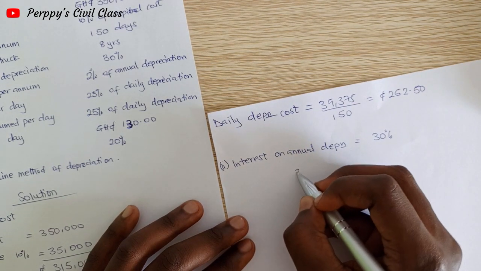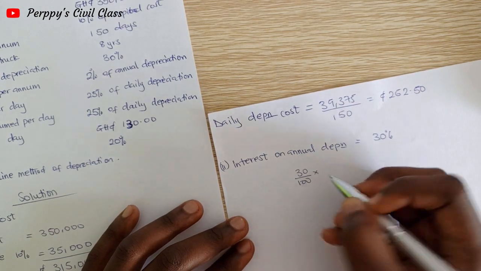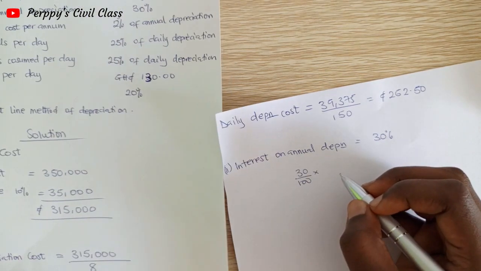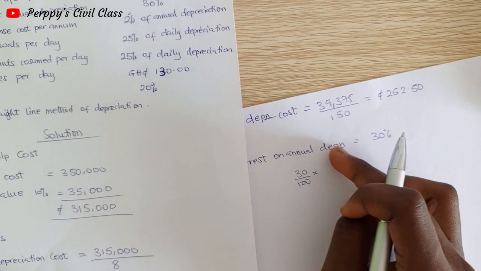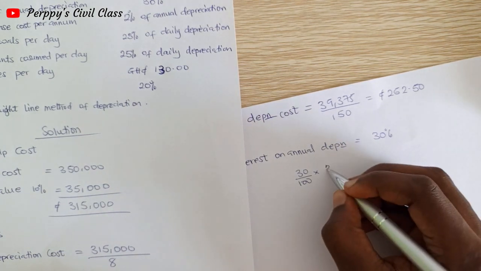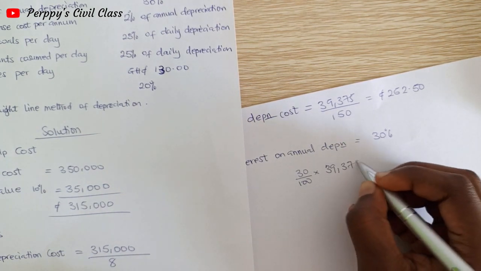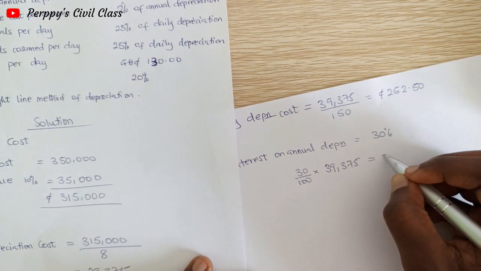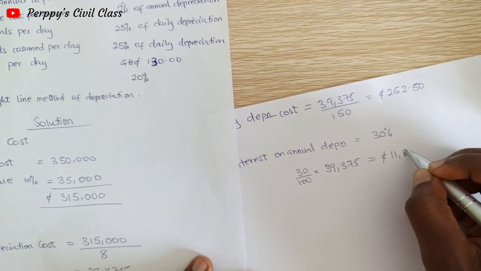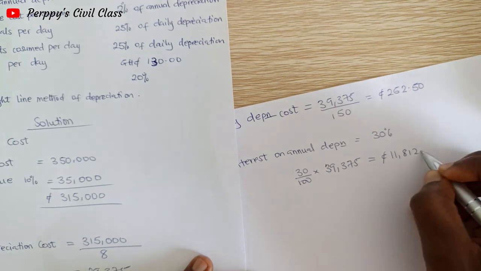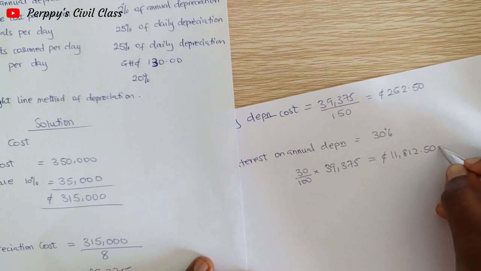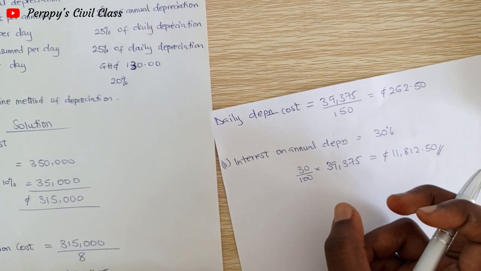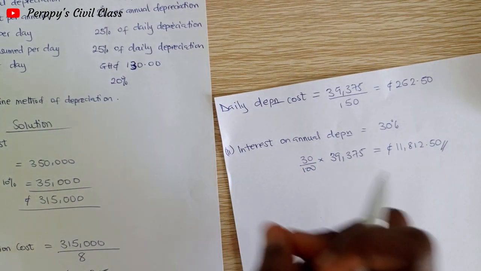So 30% of 39,375 is 11,812 Ghana cedis 50 pesewas. That's the interest on the annual depreciation cost for this tipper truck.